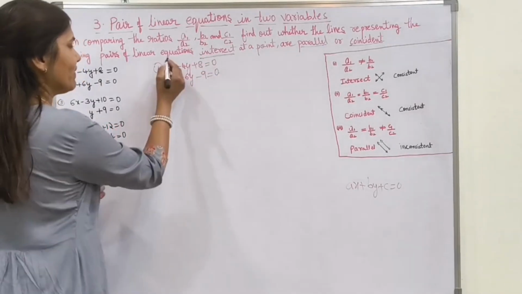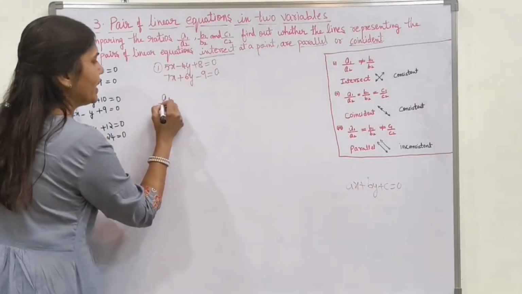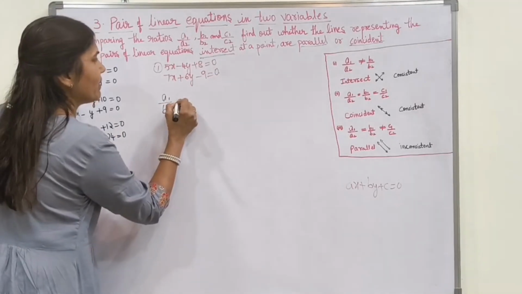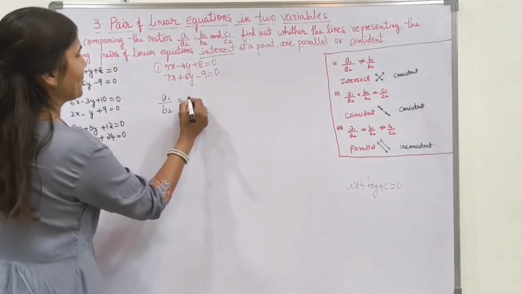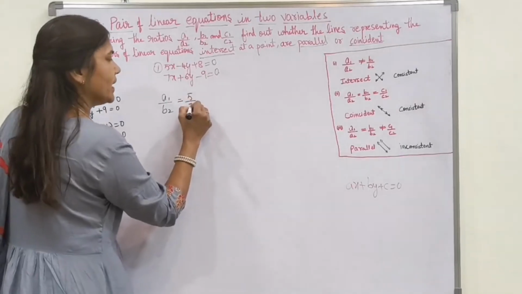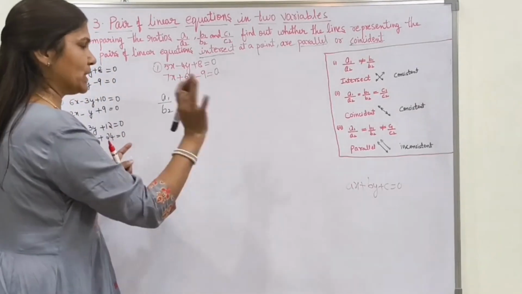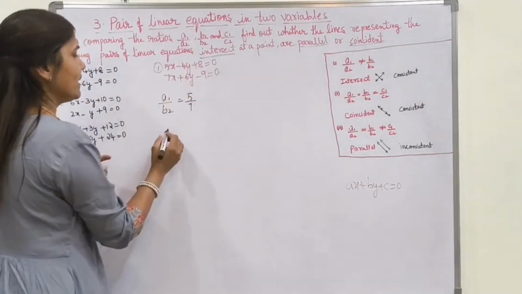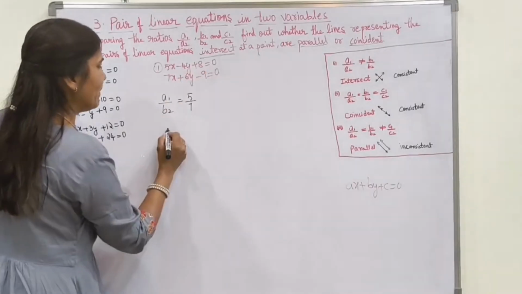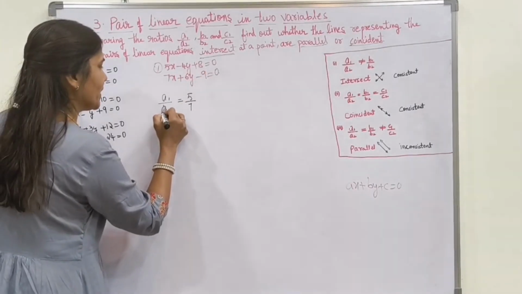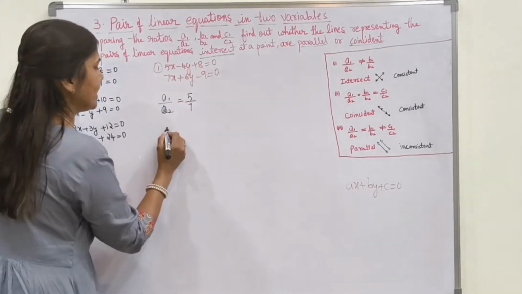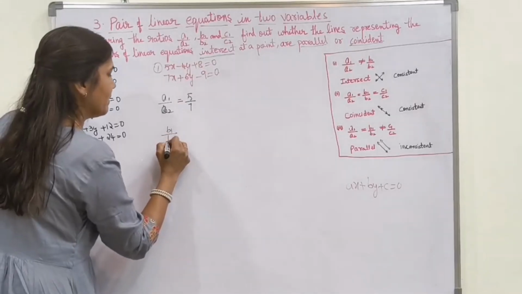So first we will write A1 by A2. A1 by A2 means A1 is 5, A2 is 7. 5 by 7. Here, is any cancellation possible? Not possible, so keep it like this only. Next B1 by B2.